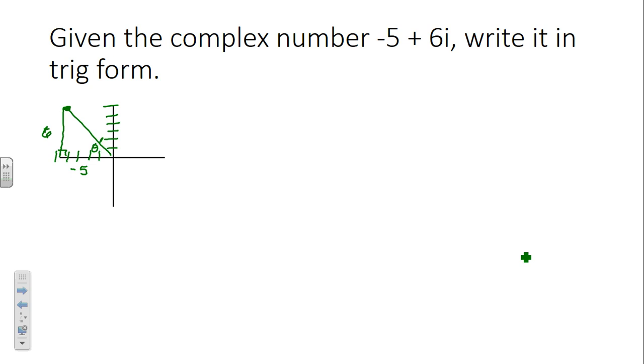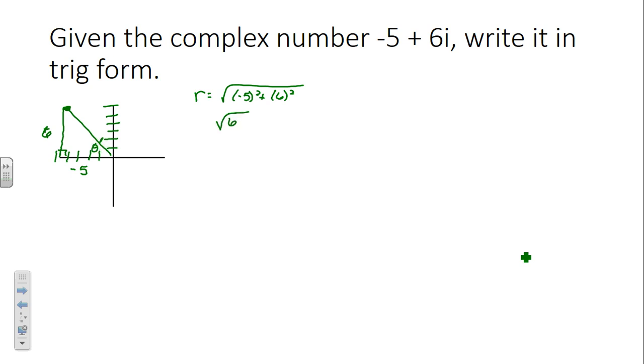So let's find the absolute value of it to find our r. What are we going to get? And 36 is 61.